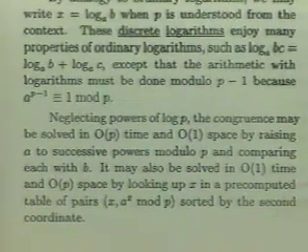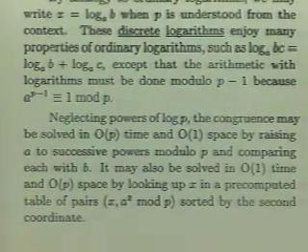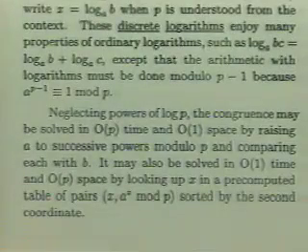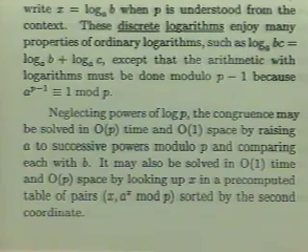You can also solve the problem in essentially constant time, maybe a power of log p or something, but with a whole lot of space. You look up x in a pre-computed table of pairs x and a to the x modulo p, sorted by the second component.